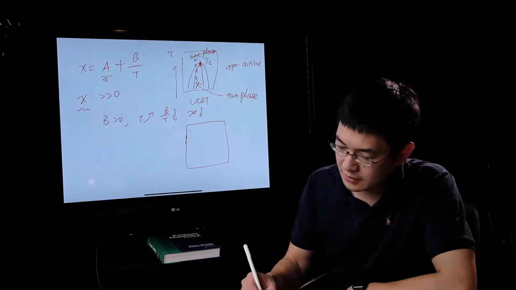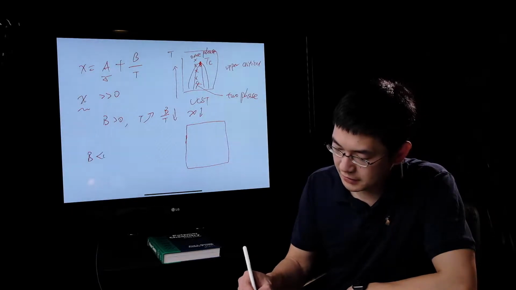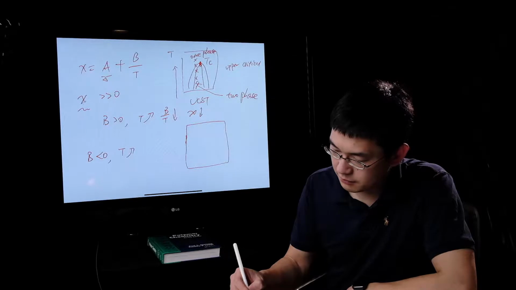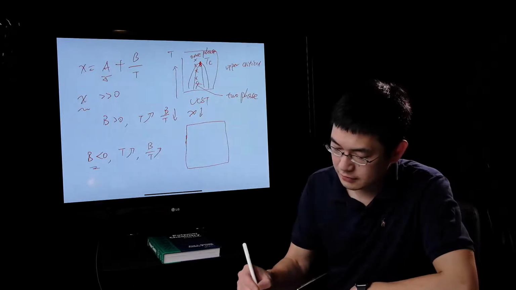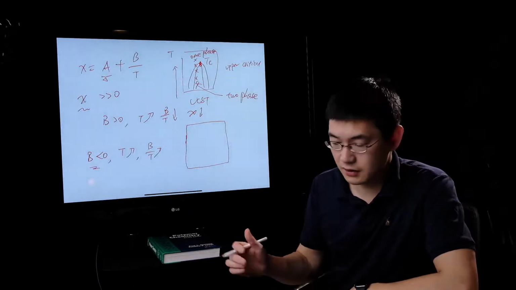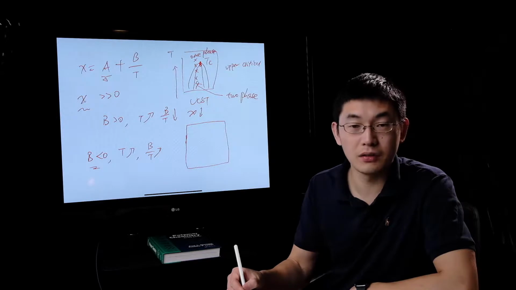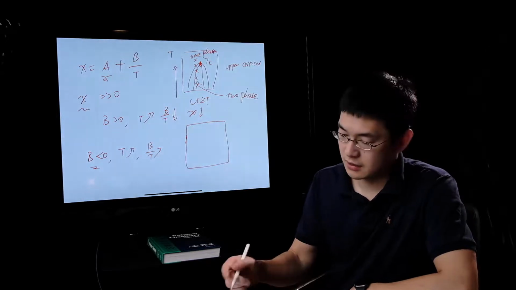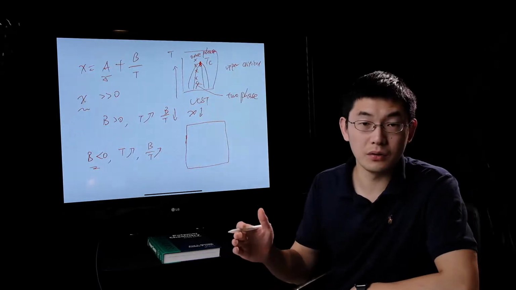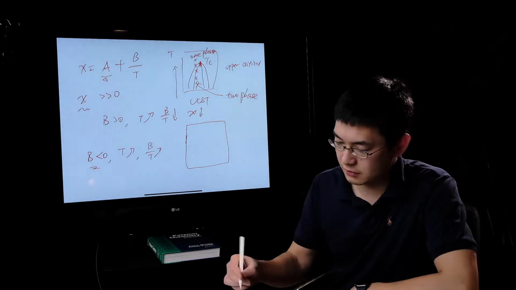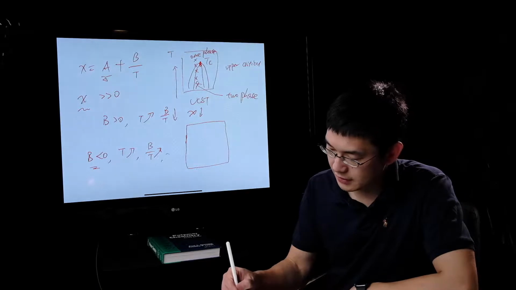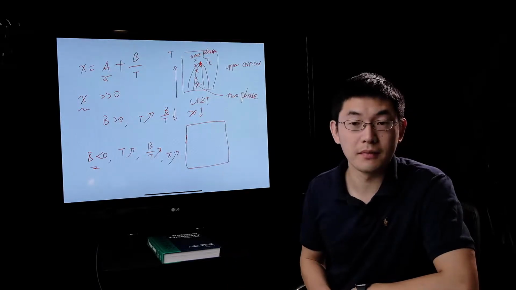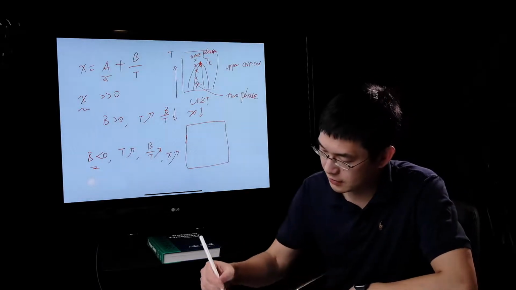On the other hand, if B is negative, when temperature goes up, B divided by T will go up. Why? Because B is negative. Take negative 10 divided by 100 and then 200: when temperature goes up, your value gets closer to 0, so it goes up. What this means is chi will increase in this case, and your system will more likely phase separate.